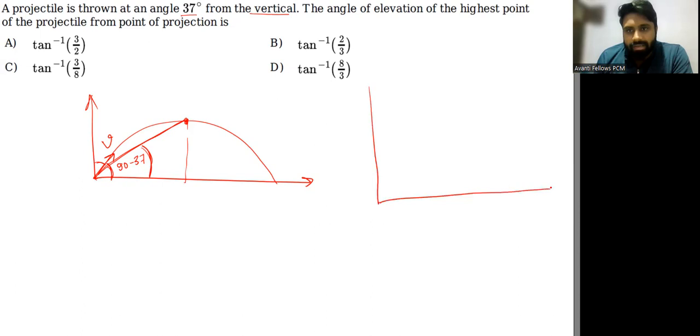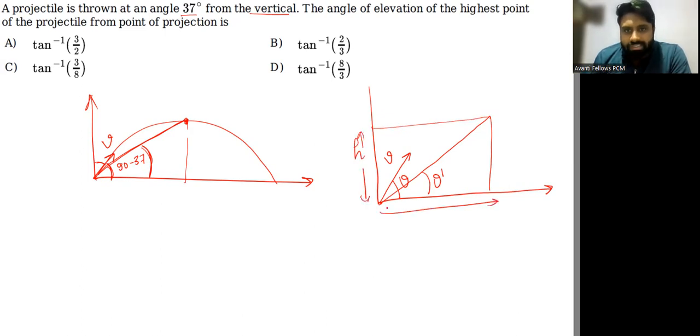I will make a very elaborate diagram of it. This is V at an angle, let's say theta, which is given to us. And that is the angle of elevation, theta dash, that we need to calculate. So this height is H, the maximum height.